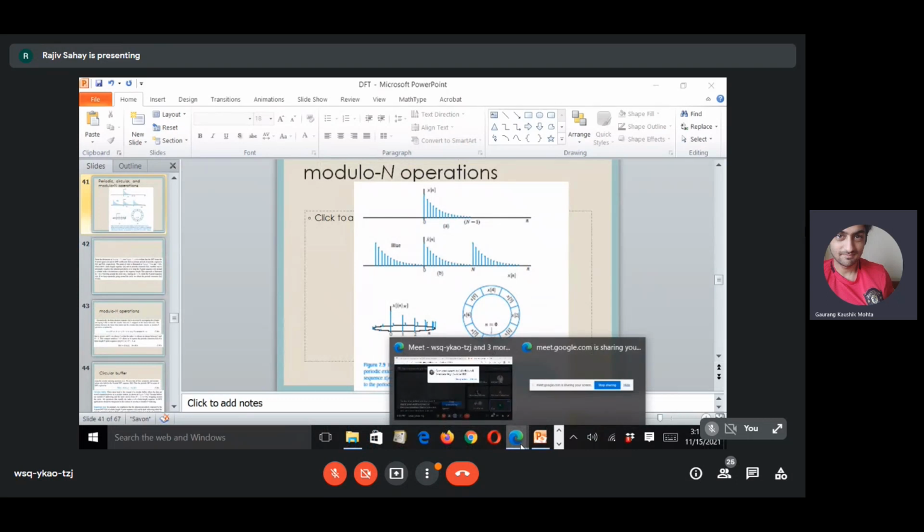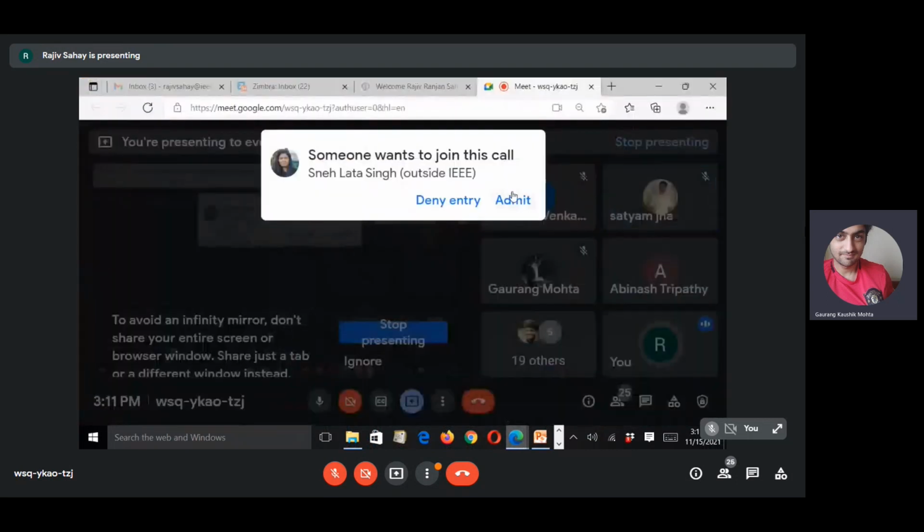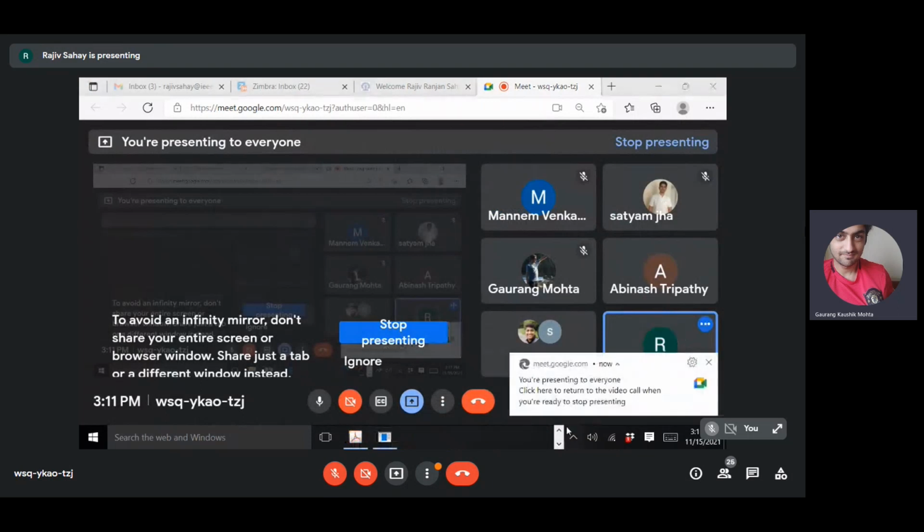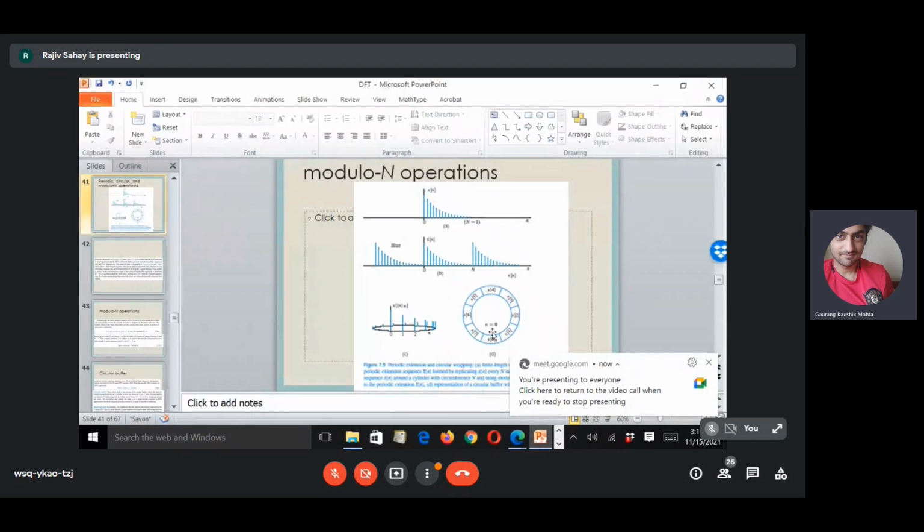In that circular buffer, a line passing through x equal to x0 is actually our center of symmetry. So for even N, the center of symmetry passes through N by 2.